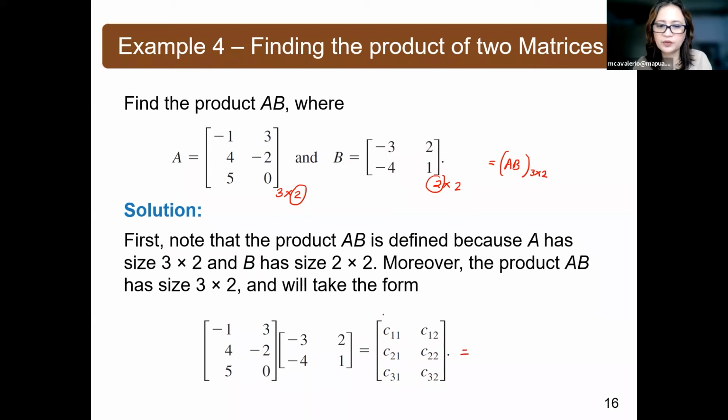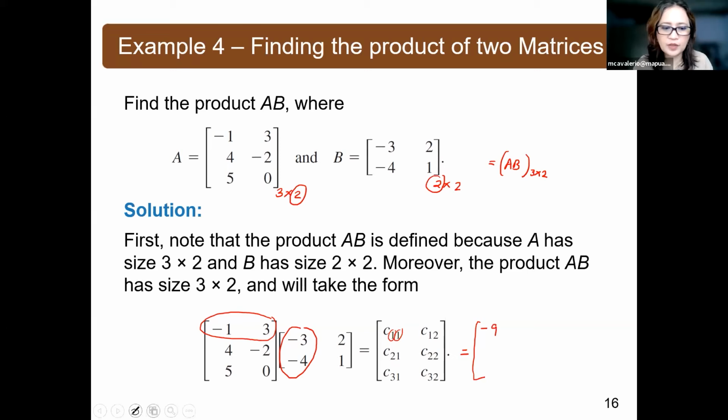So for us to be able to know what C11 is, what I need to do is to multiply row 1 of matrix A with column 1 of matrix B, and add all the products. So we have -1 times -3, that will be +3, and then add that with -12. So we have 3 minus 12, so that will be -9.